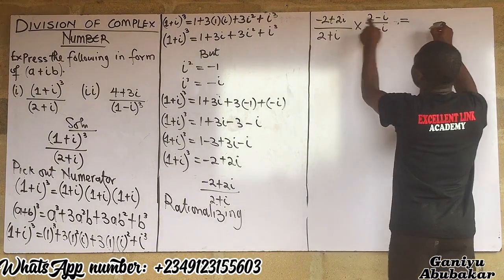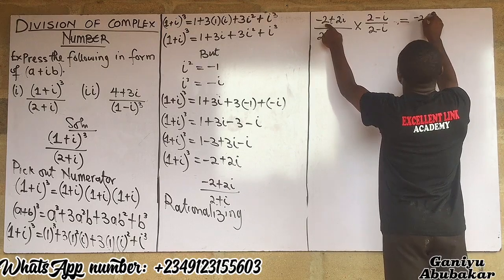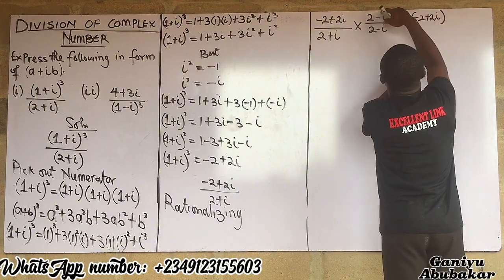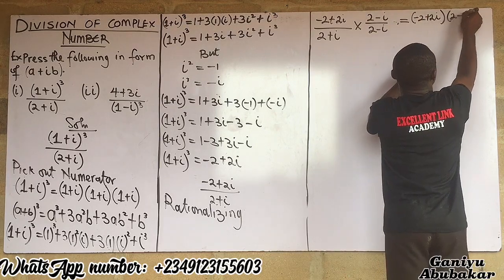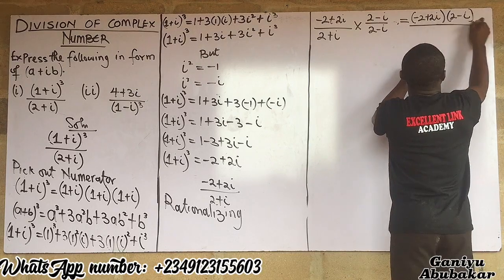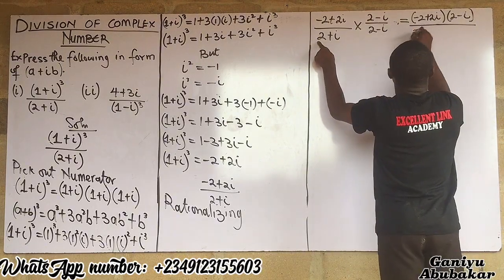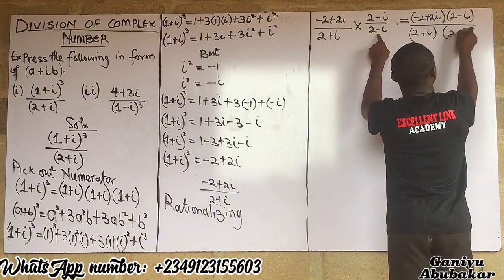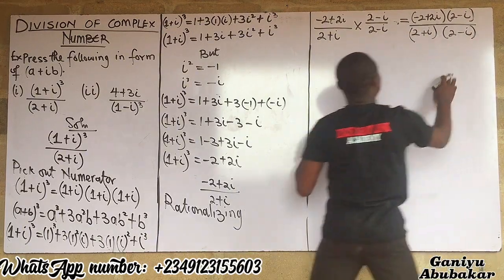If I multiply these two, I'll have minus 2 plus 2i multiplied by 2 minus i, all over 2 plus i into 2 minus i.